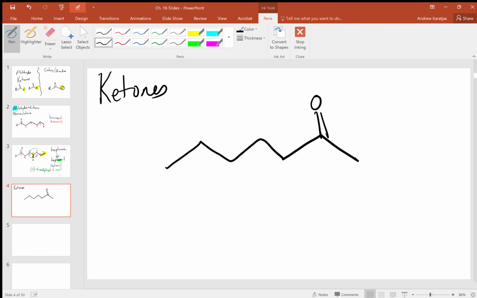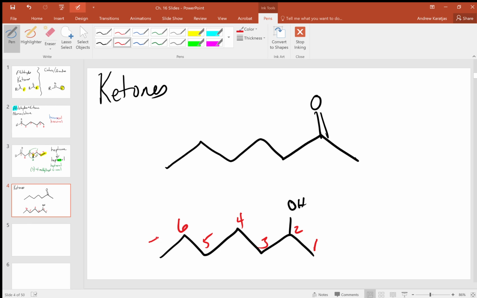But other than a new ending, we follow all of the same rules that we did for alcohols. So if we were naming this compound, we know that we would number it over here, because that's the end closest to the alcohol, and this would be 2-heptanol.